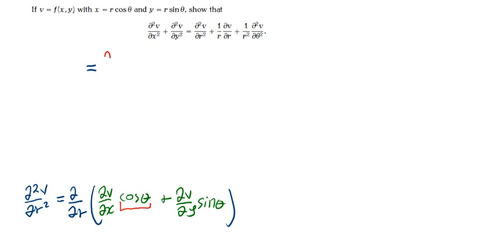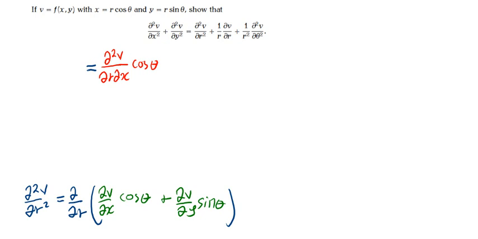This is going to be second partial of v with respect to partial of r, partial of x, more like a mixed partial here, and that's going to be cos theta. Remember we kept cos constant. Now we keep this one as a constant, then differentiate this one partially with respect to r.